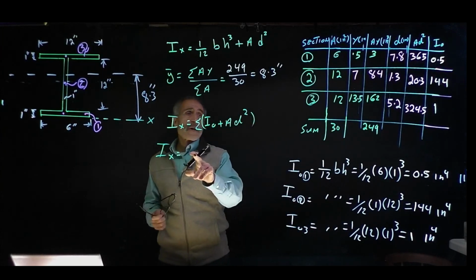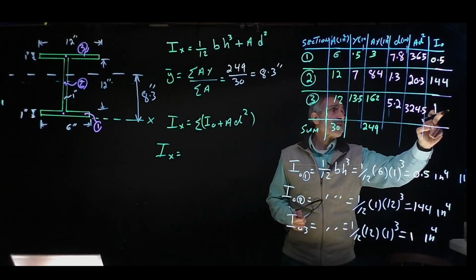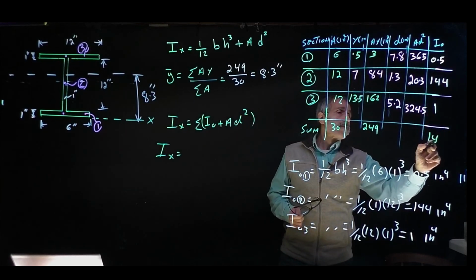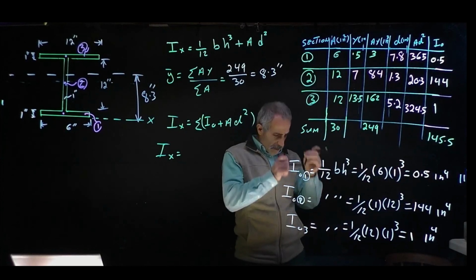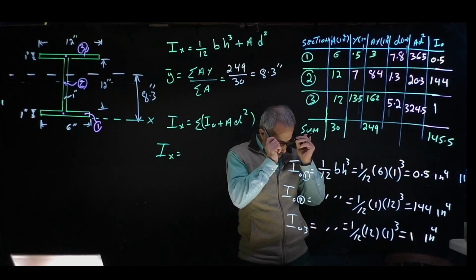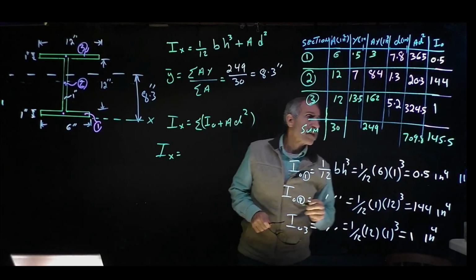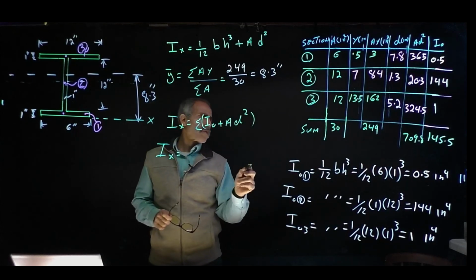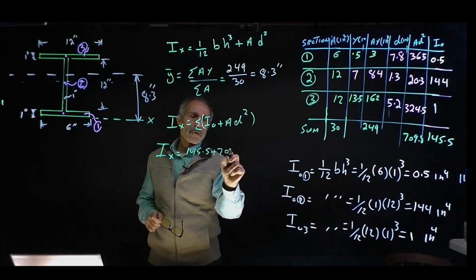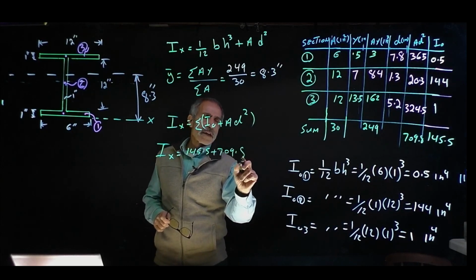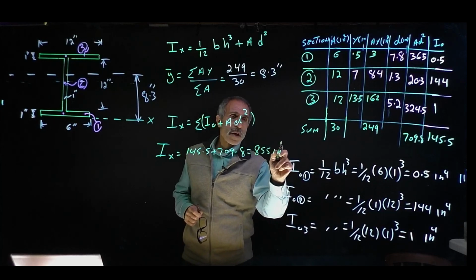So now I sum the I0, which is 145.5, and this came out to be 709.8. So I have 145.5 plus 709.8, and the whole thing comes out to 855 inches to the power 4.